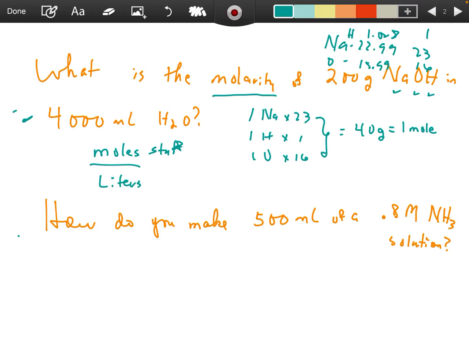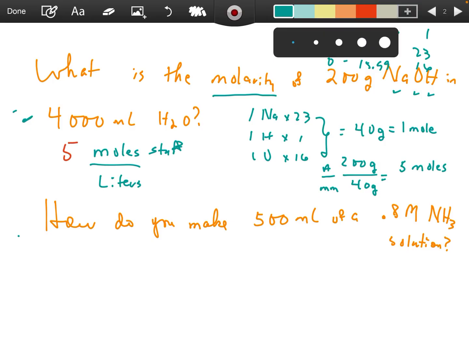Hopefully that tells you, okay, I have 200 grams. So how do I get the number of moles? Think about what you're doing. You divide the actual by the molar mass. So maybe memorize A over M, something like that, and you get 5 moles.